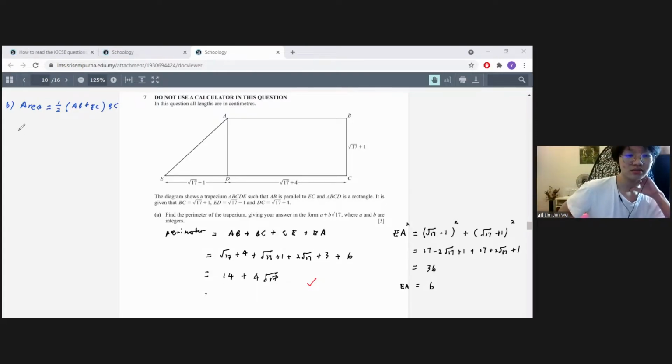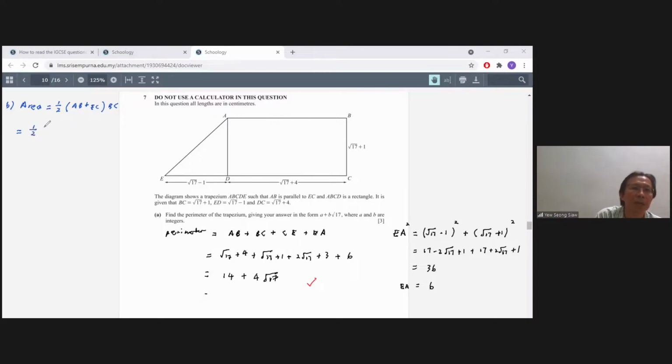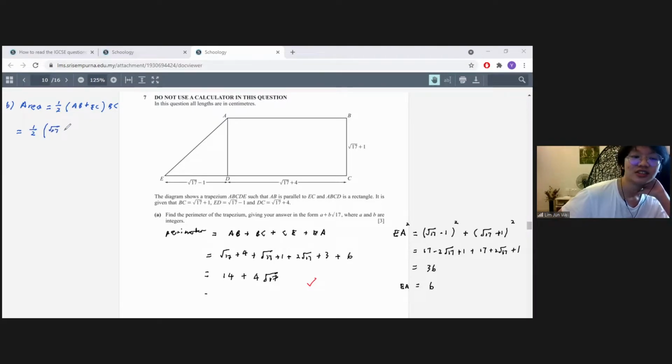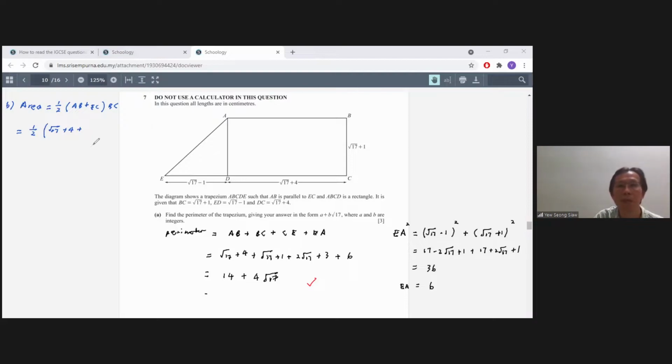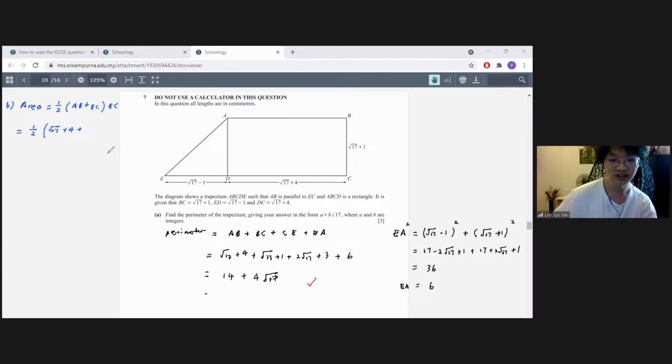So substitute all the values inside. AB is surd 17 plus 4. EC is 2 surd 17 plus 3.